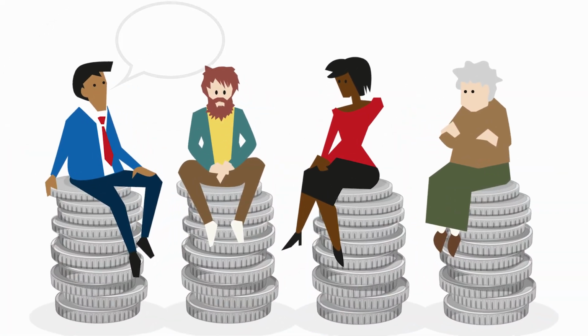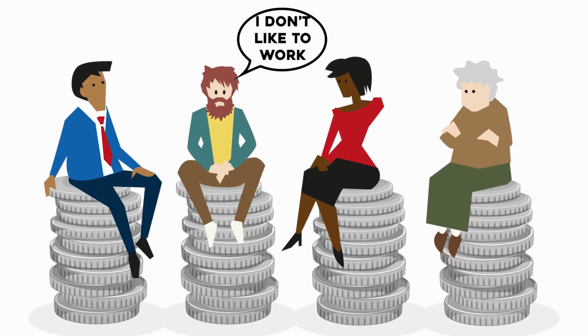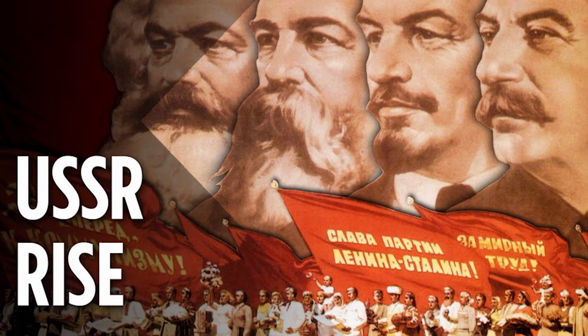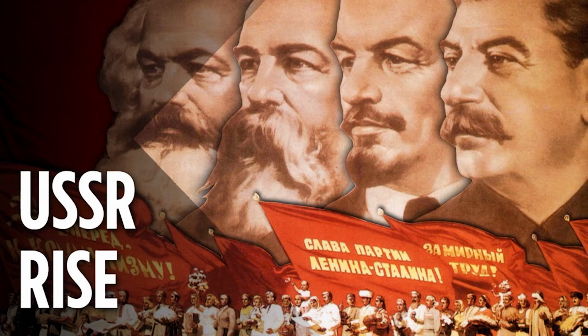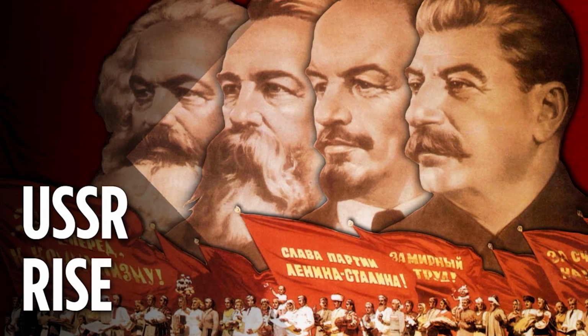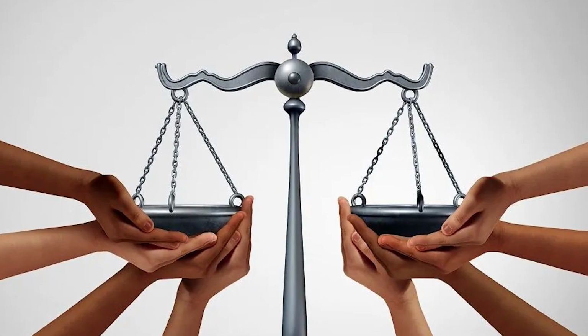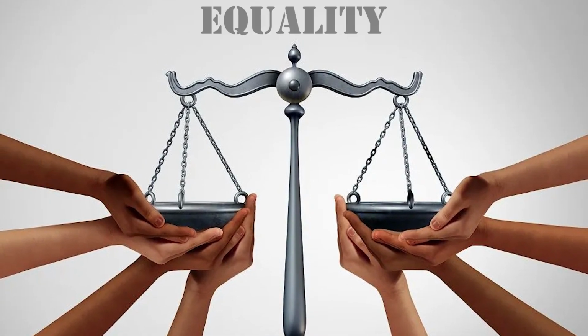The issue arises when those who work really hard get the same amount as those who don't work as hard. The most famous communist government was that of the Soviet Union, which lasted from 1917 to 1991. While communism has been criticized for its lack of individual freedom and economic inefficiency, it has also been praised for its focus on social justice and equality.